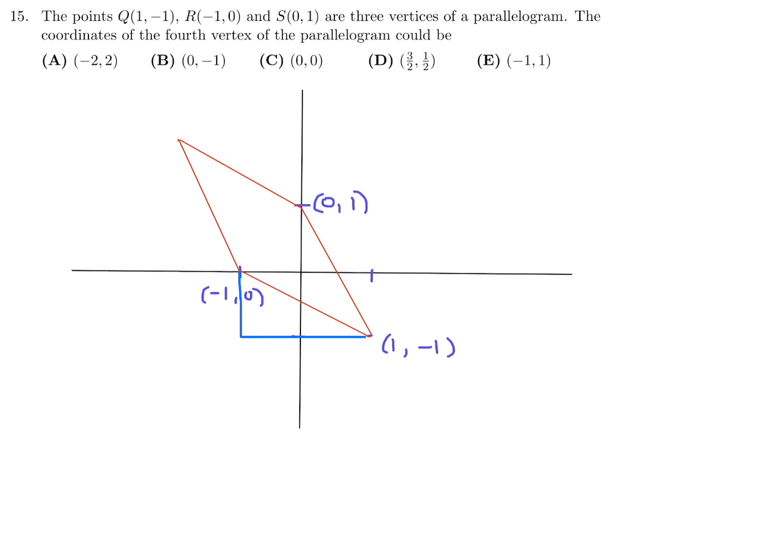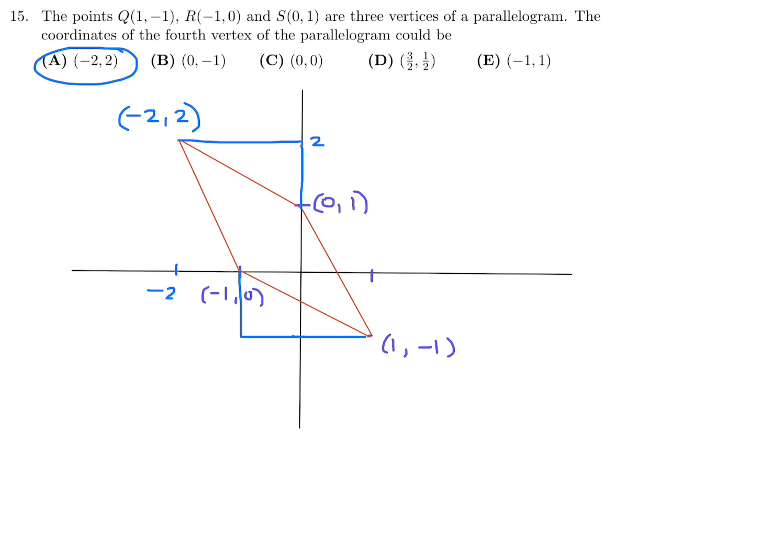So very similarly, to get that point, you'd go 1 up and 2 across from here. So you'd get up to 2, and then going 2 across that way would be -2. So that point is (-2, 2). And that's, interestingly, the answer right there in front of you.